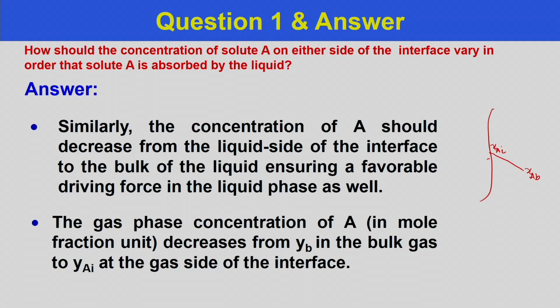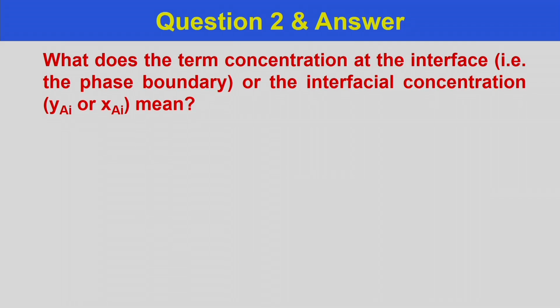The gas phase concentration of A in mole fraction unit decreases from Y_AB in the bulk gas to Y_AI at the gas side of the interface, which is already said. Now, what does the term concentration at the interface, that is at the phase boundary, or the interfacial concentration Y_AI and X_AI mean?